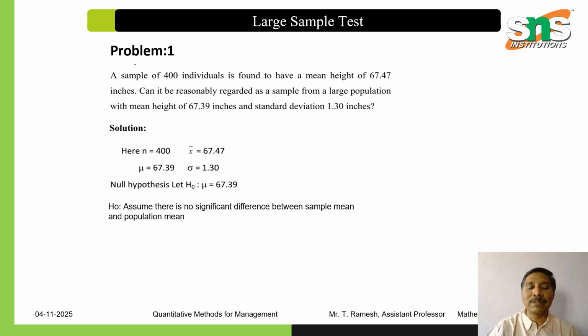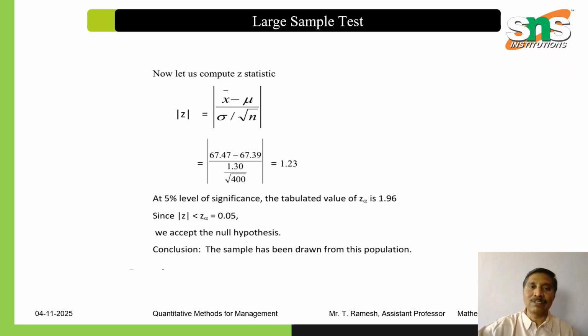Now we form the null hypothesis. The population mean is 67.39; we assume there is no significant difference between sample mean and population mean. We test using the Z statistic. Modulus Z is x bar minus mu divided by sigma by root n.